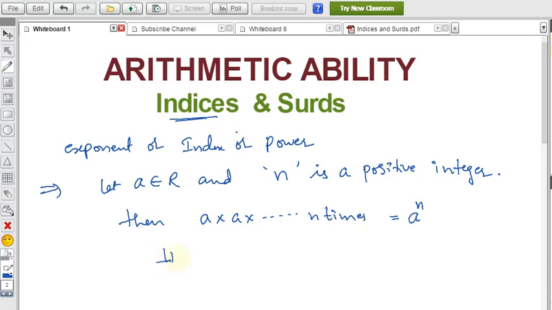What I am taking as a positive integer, that n is known as the indices to the base a.